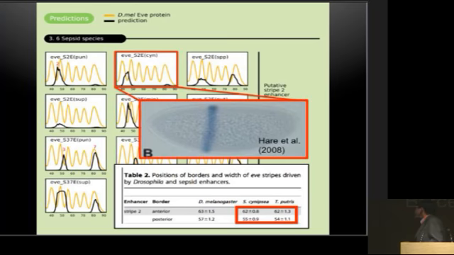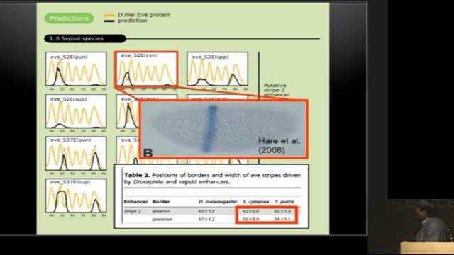But in fact, what they found from measuring against the embryo, this is the position of the borders of the stripe in melanogaster. They're measuring percent egg length from the posterior pole. 63 and 57, okay? Notice that they found the stripe to be expressed about 1 or 2 nuclei posterior from the native location.